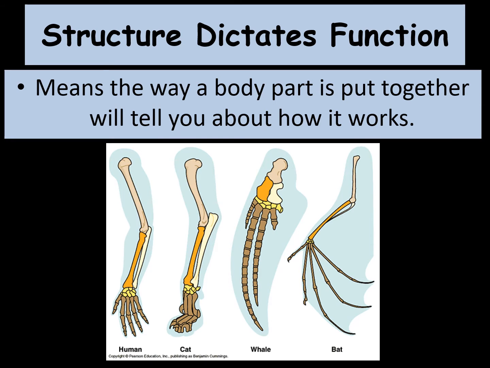The way the body part is put together will give you a good idea about how it functions, what its importance is and how it works. For example, if you take a look at a human hand, and compare that to a cat paw and a whale flipper, etc., you can look at the shape and size of those body parts, and it will give you an idea as to what that body part does.